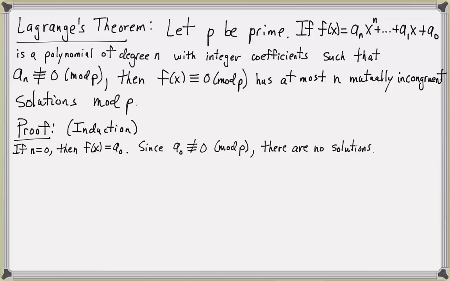We've even solved the next case, if the degree was 1, explicitly. If n equals 1, then we have a linear polynomial f of x equals a1x plus a0.